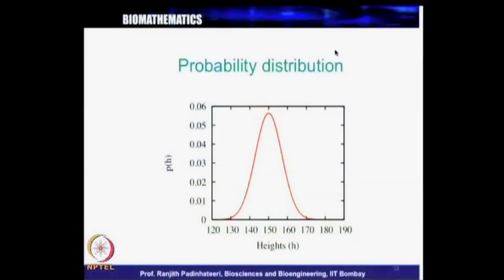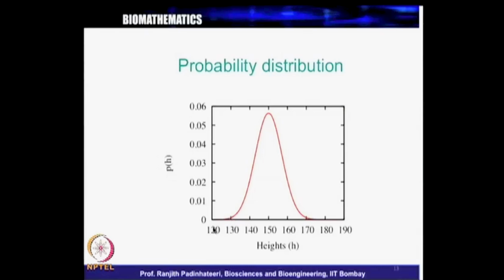We can call this a probability distribution. What is this? This is a curve which has a peak somewhere around 150. This axis is height h and this axis is the probability of having height h.